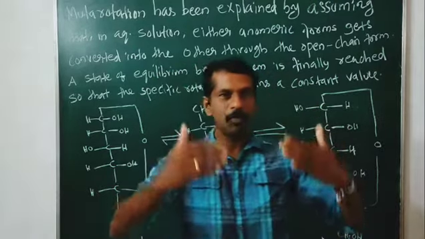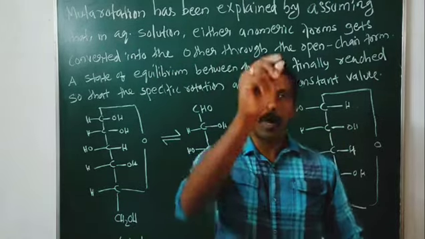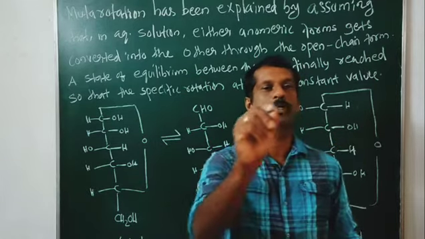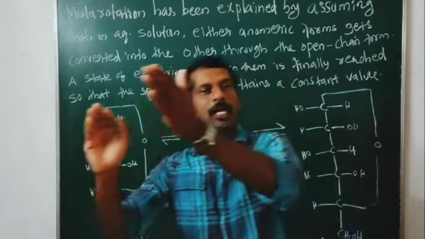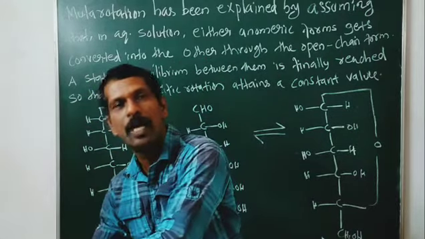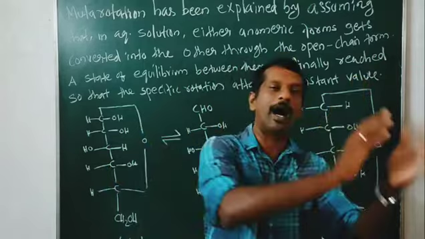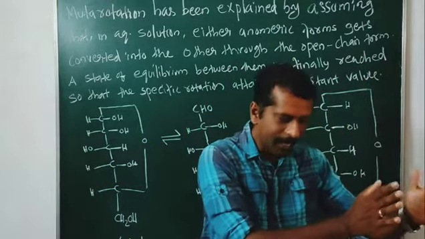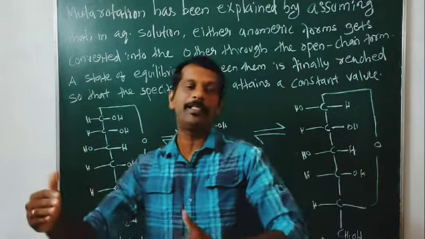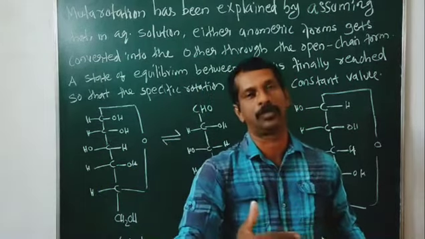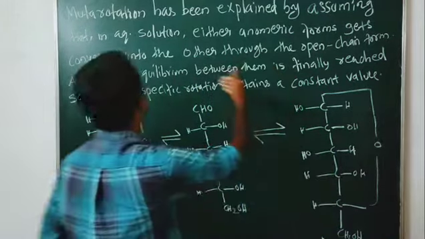One anomeric form, say alpha D glucose, will gradually convert to beta D glucose, and beta D glucose will gradually convert to alpha D glucose, and this conversion takes place through the open chain form of D-glucose. That is the reason.